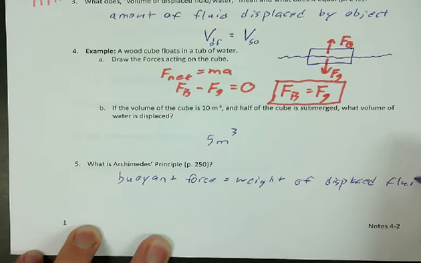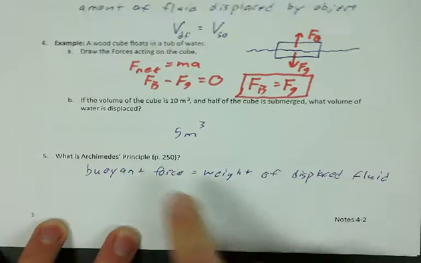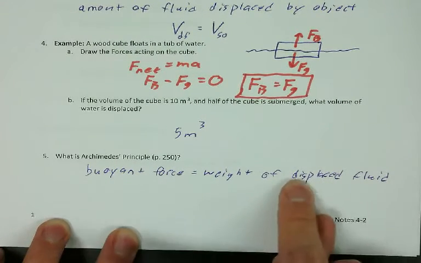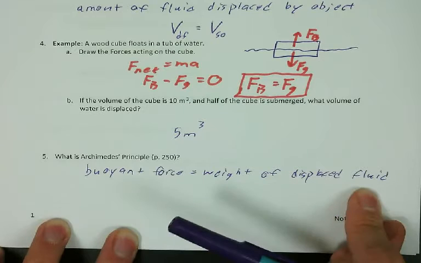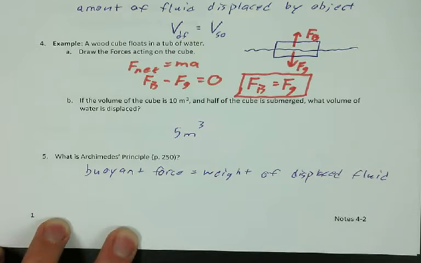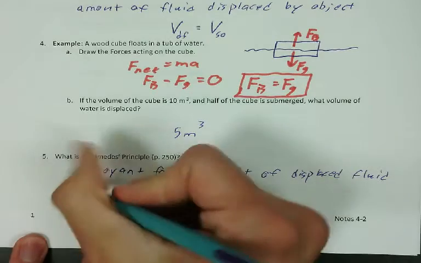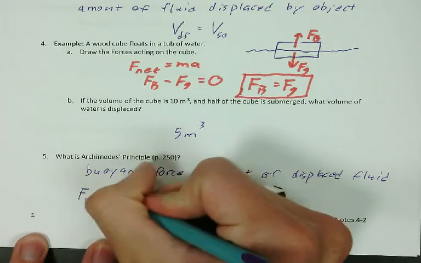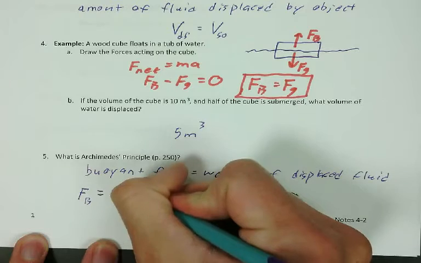So remember, weight is a force. Basically, the buoyant force equals the force of gravity on the fluid that's displaced. However much fluid is displaced, figure out the weight of that fluid, and that's the buoyant force. The equation he came up with is the mass of the fluid times gravity.